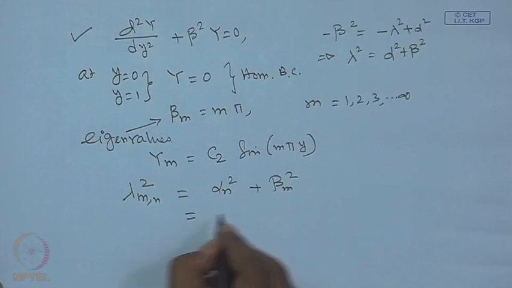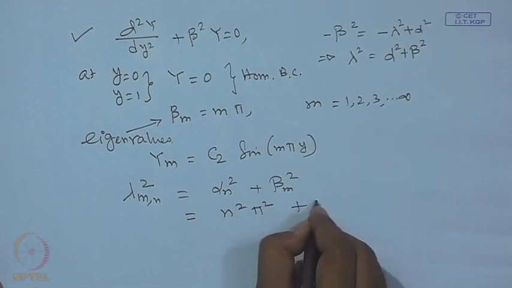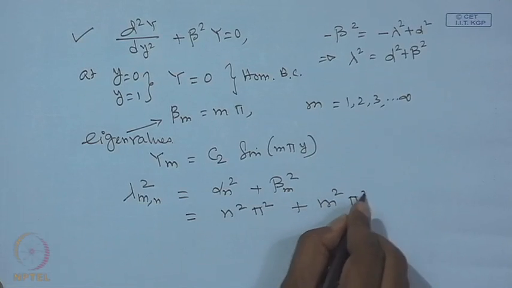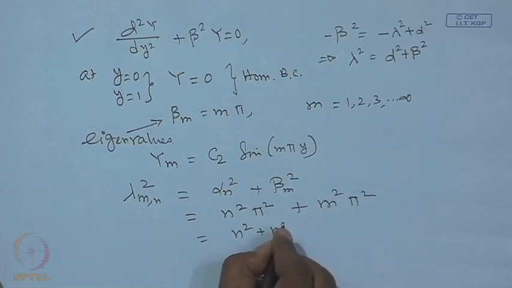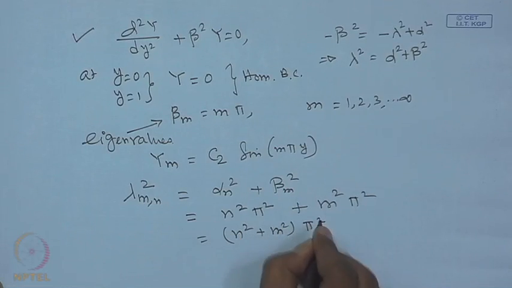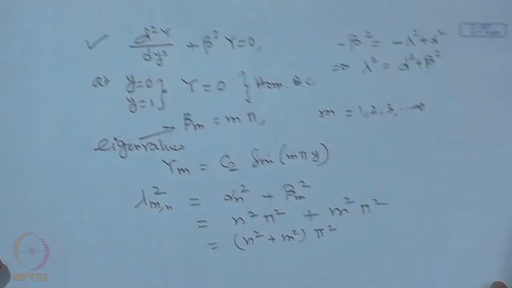So, alpha n square is n square pi square and beta m square is m square pi square. So, we can write it as n square plus m square times pi square. So, this gives the complete specification of lambda m n. So, we have already almost solved the problem, only the time varying part has to be found out.